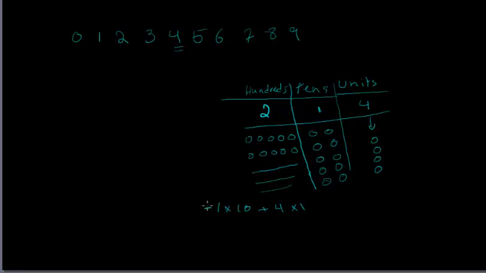This could also be written as 2 times 100 plus 1 times 10 plus 4 times 1, equaling 214.